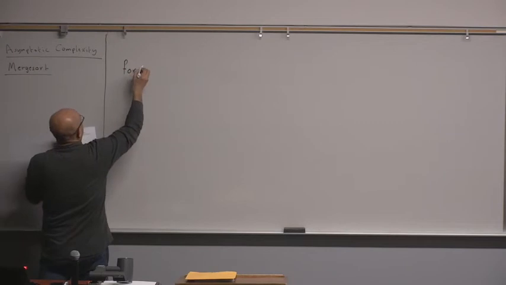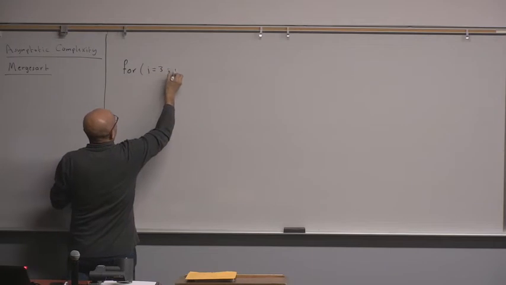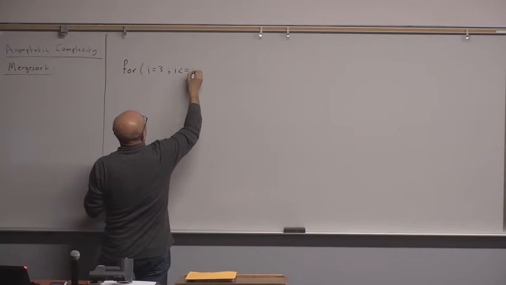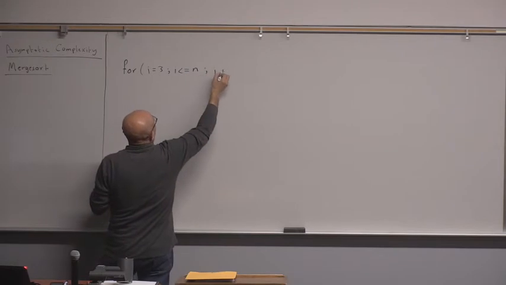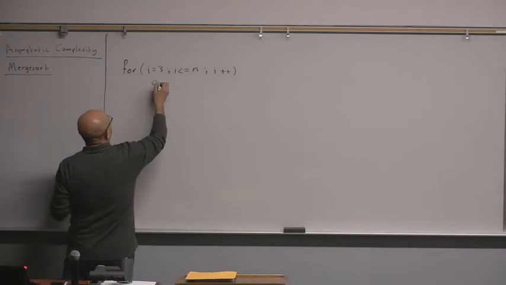For example, if we have this piece of code, for i equals 3, i less than or equal to n, i plus plus, and then you have some code here.